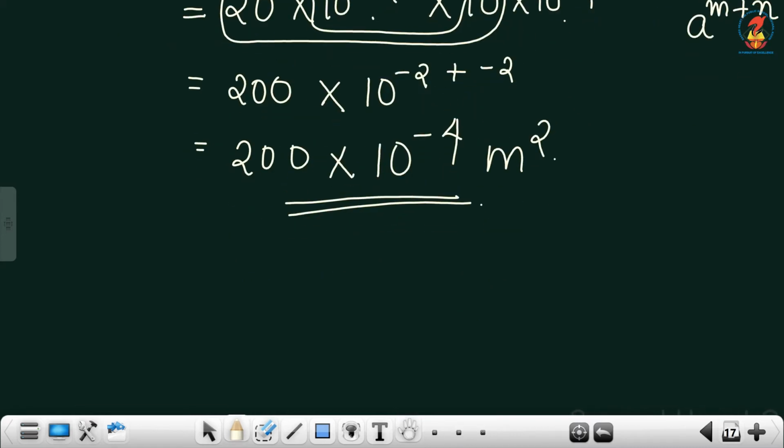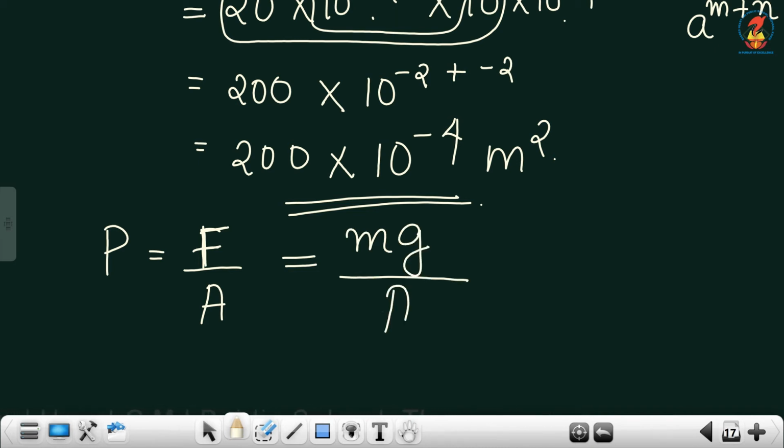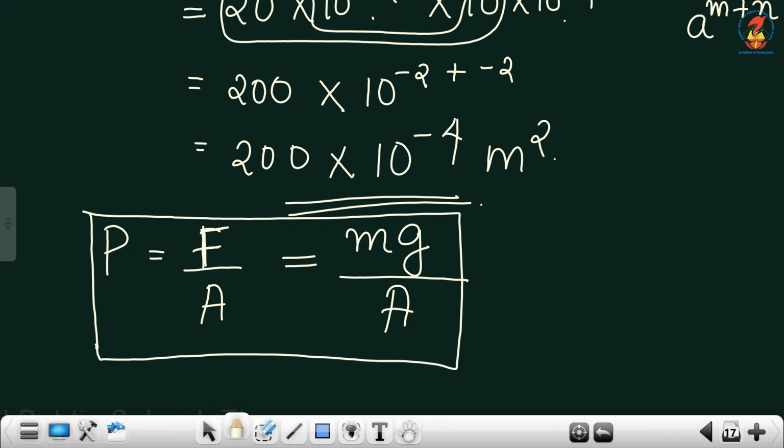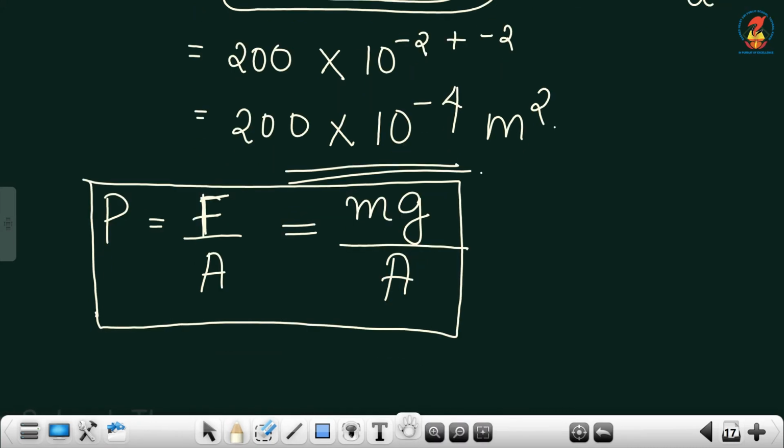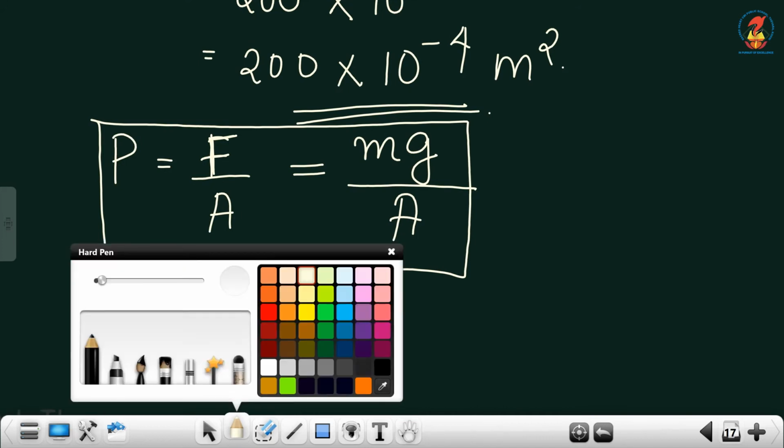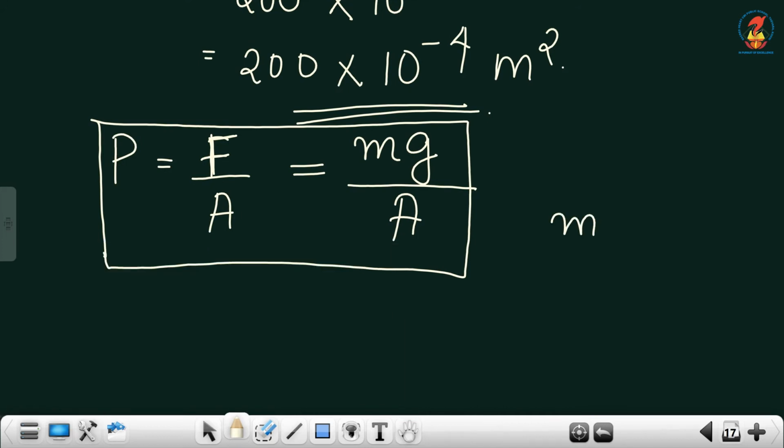Now, in order to find pressure, the formula is F by A. But in the question, force is not given. So, we know a formula to find force, that is mg. Pressure is F by A, which is also equal to mg by A. We already know that the mass of the block given is 300 gram.